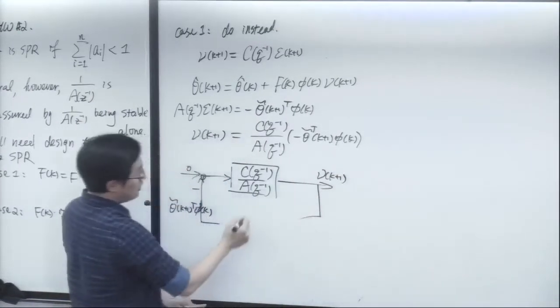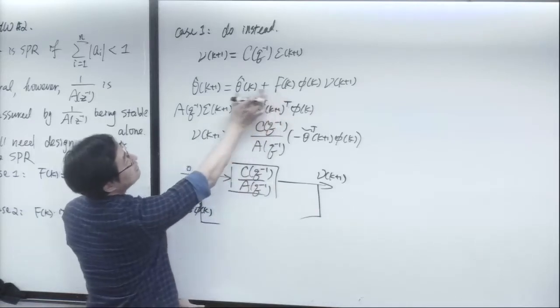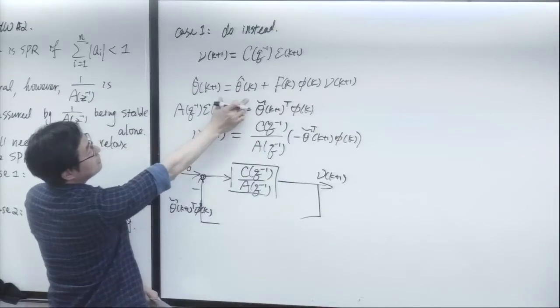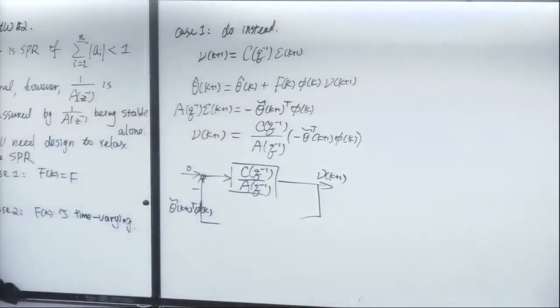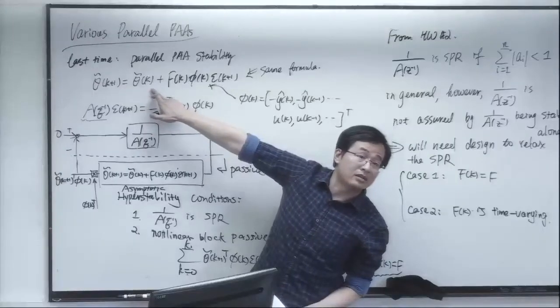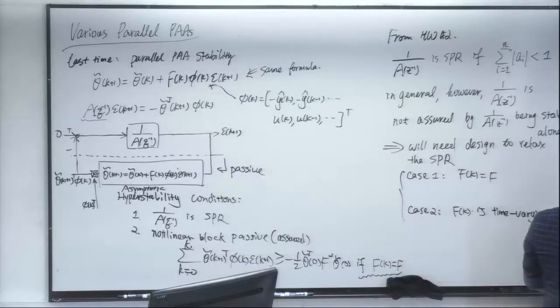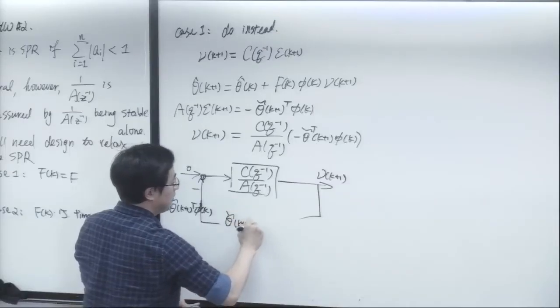And nu drives this adaptation error equation. So theta hat follows this. Theta tilde is going to follow exactly the same structure, right?